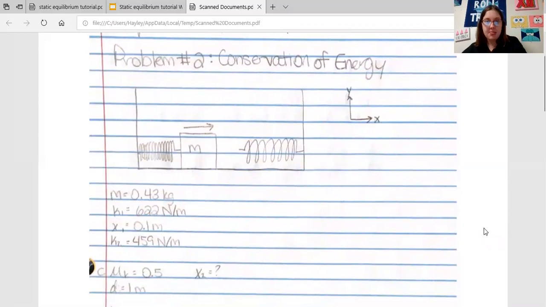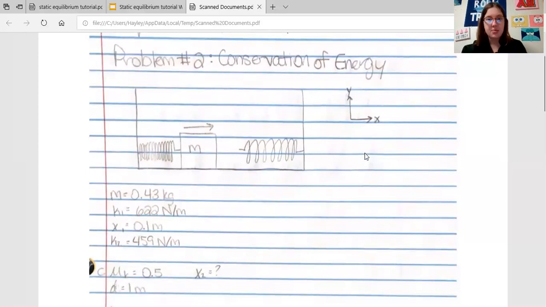So here is a picture describing what I just read. Here is the block of mass 0.43 kilograms. Here's the first compressed spring with the spring constant of 622 newtons per meter. That's compressed a distance of 0.1 meters. Here is the second spring that's not compressed that has the spring constant of 459 newtons per meter.